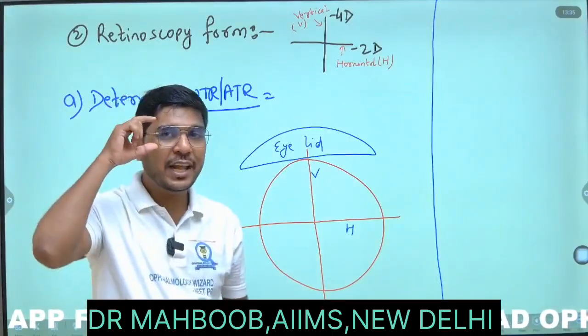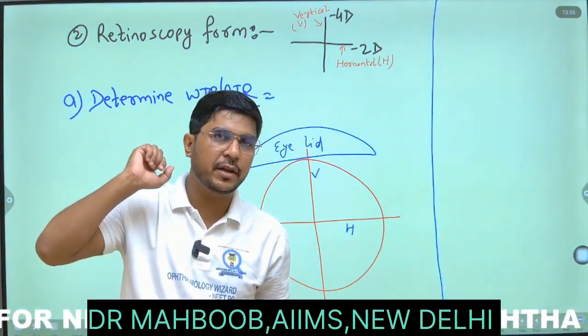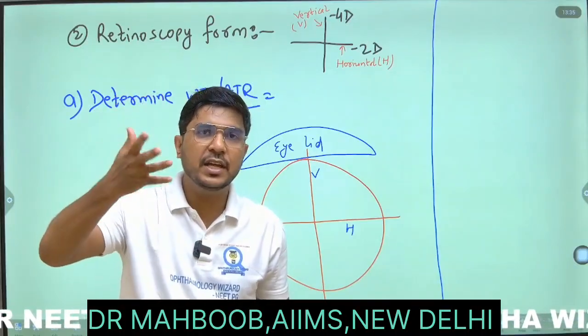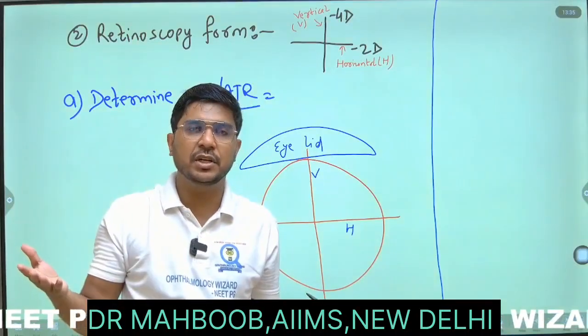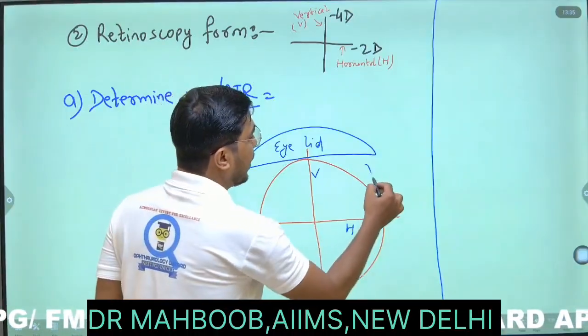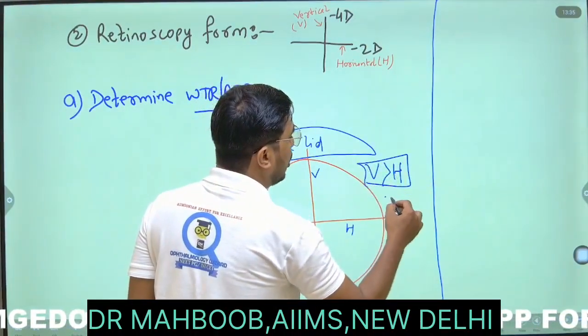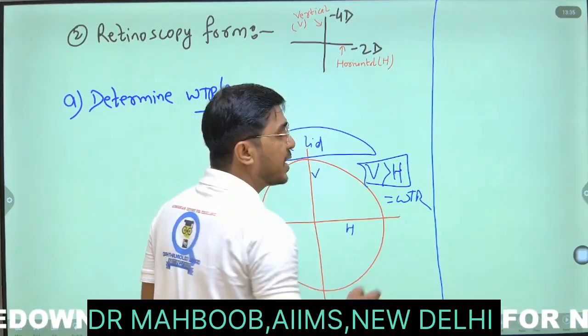curved. So naturally our vertical meridian is more curved than the horizontal meridian, and since this exists in nature, it goes with the nature. So if vertical meridian is more curved than the horizontal meridian, it is called with the rule astigmatism, right?